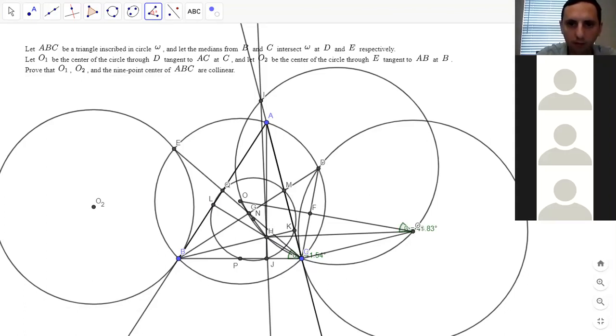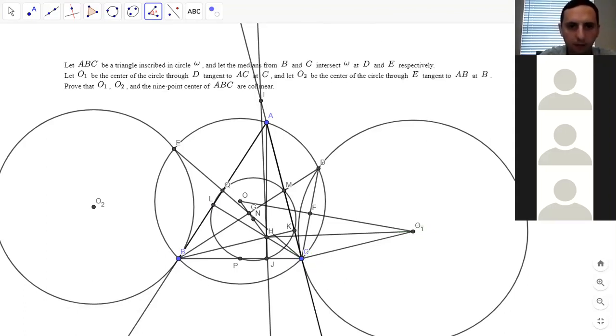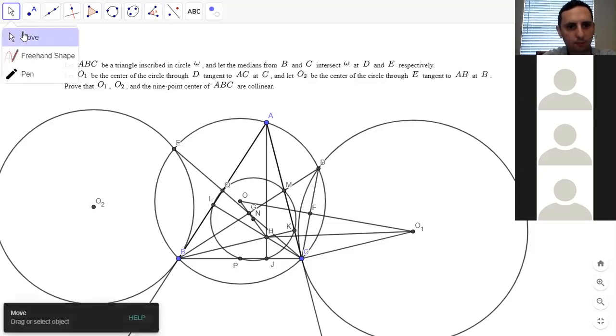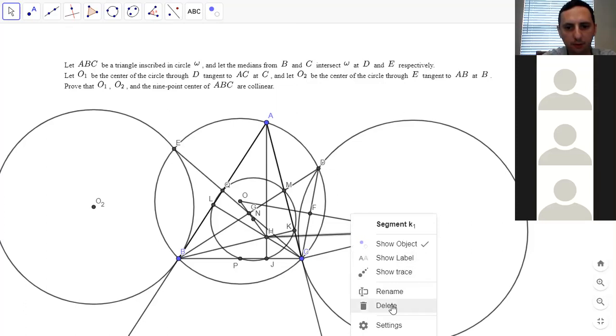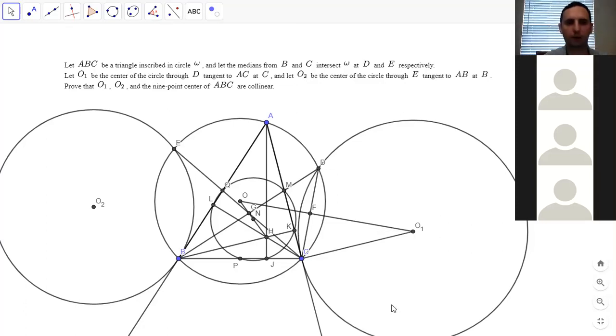No, those aren't equal. Okay, yeah, I don't think that works. Let's see. But it seems like that's the best way to do it, right? To show that O1H is perpendicular to BE.